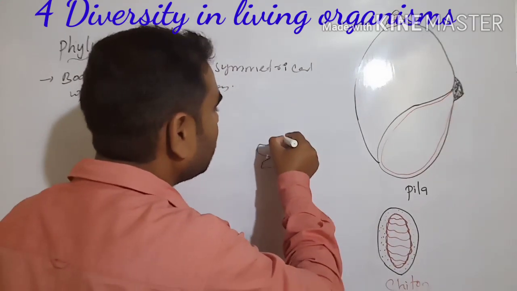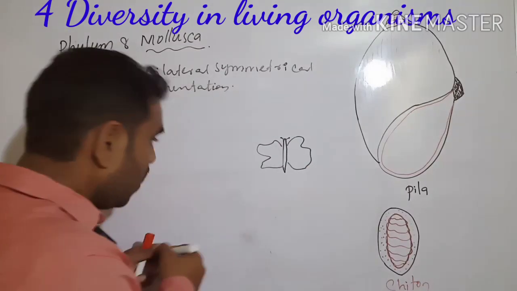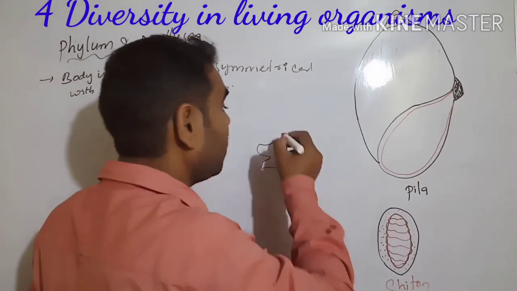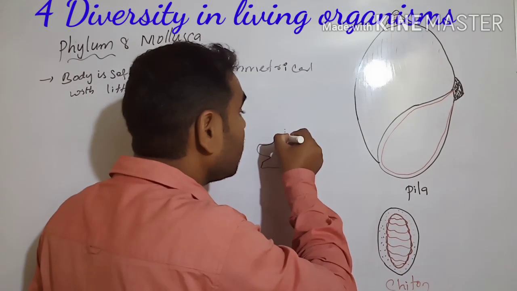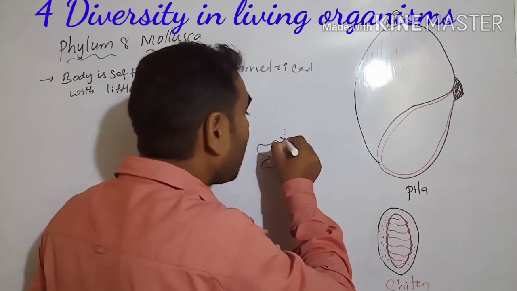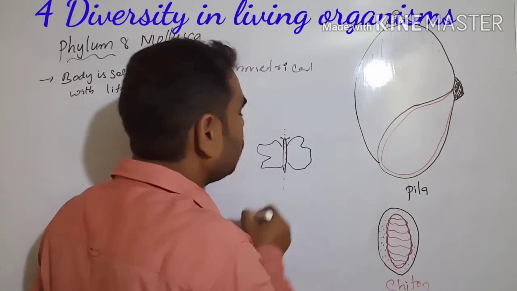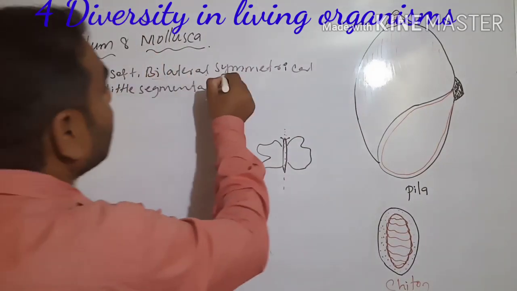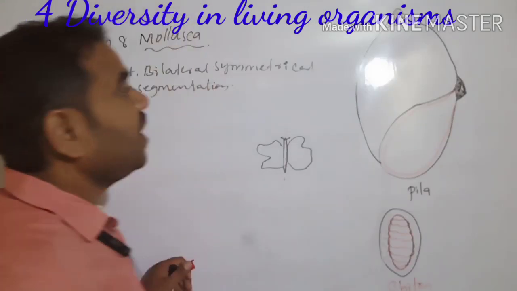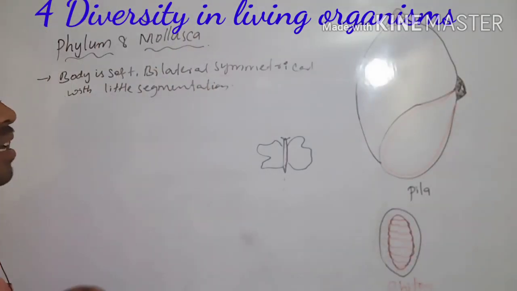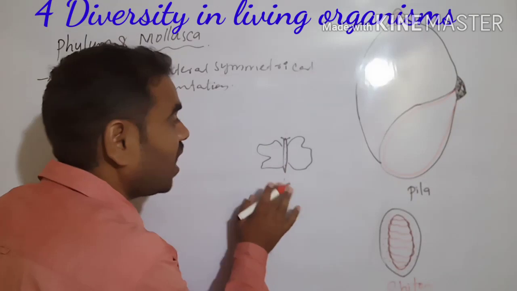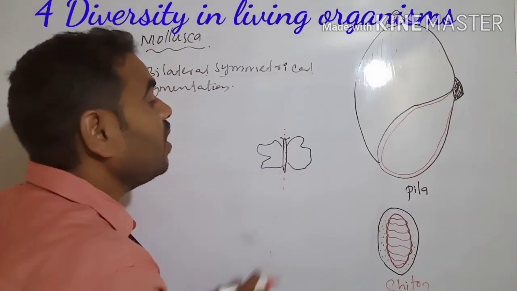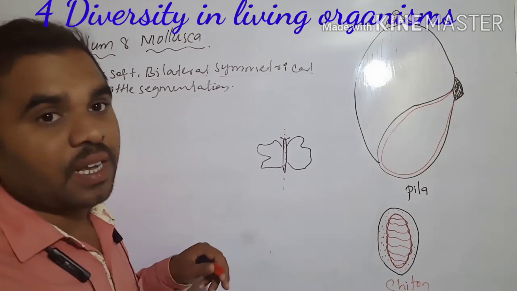If you cut it along only one plane, it will give two halves, right and left. We call this bilateral symmetry. If you cut these organisms, it is bilaterally symmetrical.